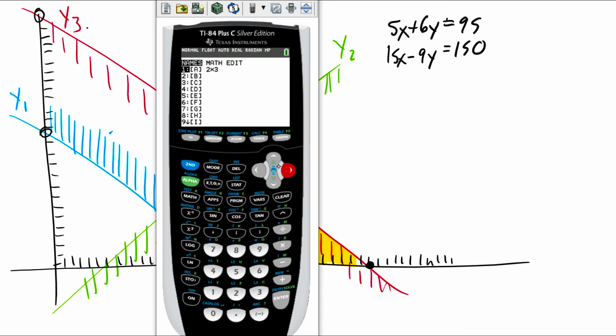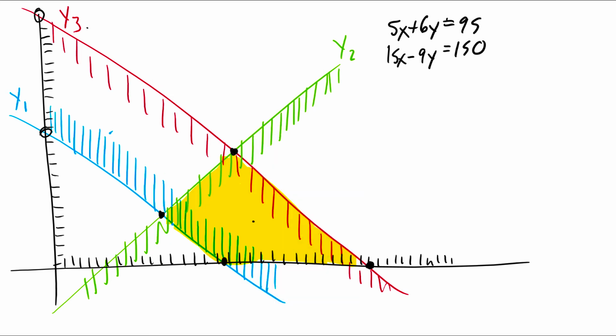Second matrix, over to Math, up to RREF. Select matrix A, and then press Enter. So we get the x is 13 and y is 5. So 13, 5 is that point.